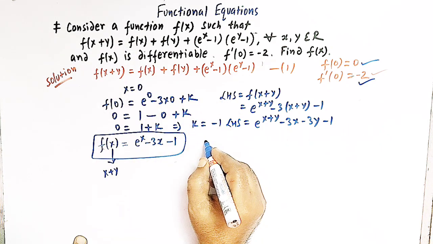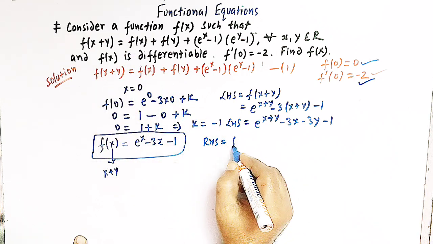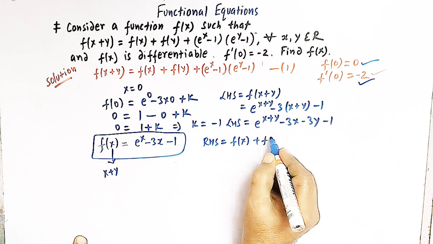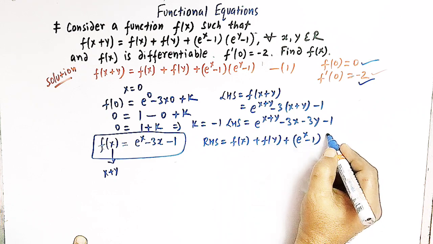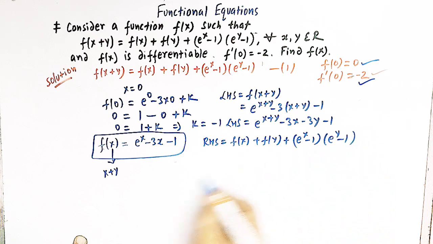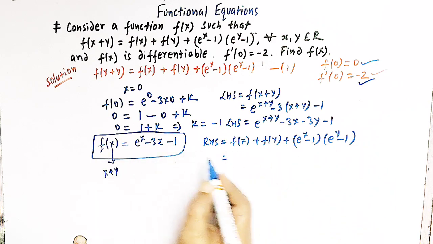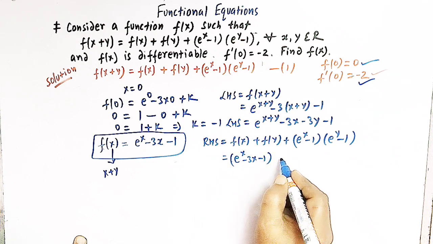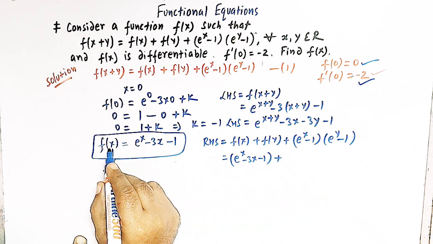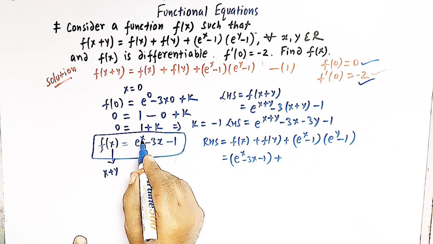Now let us take the right hand side. So the right hand side is given by f of x plus f of y plus e raised to x minus 1 and e raised to y minus 1. So f of x is given by this expression, e raised to x minus 3x minus 1, and f of y can be written by replacing this x by y.